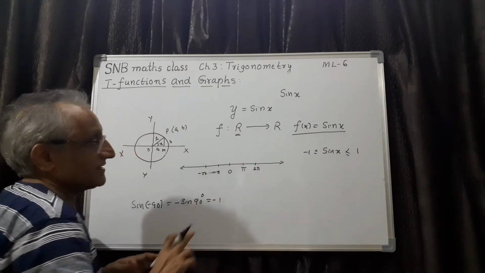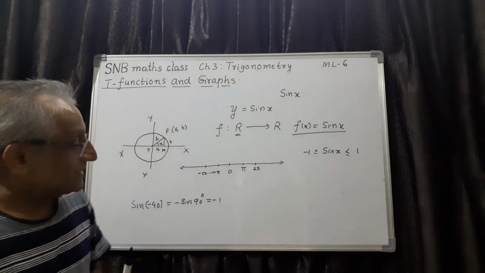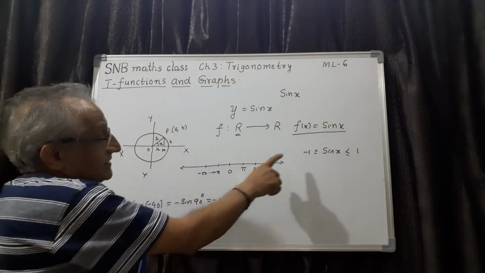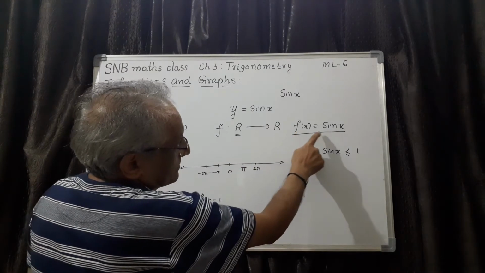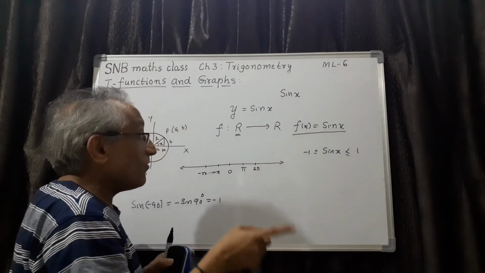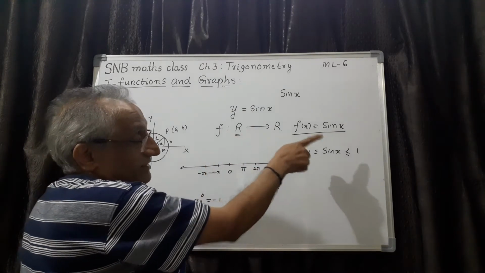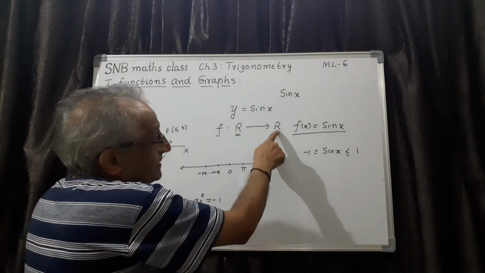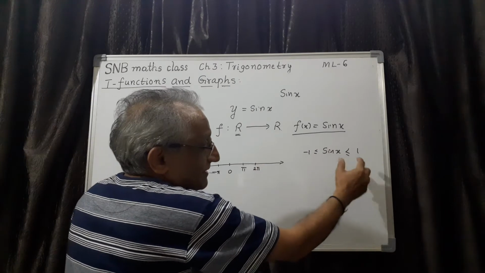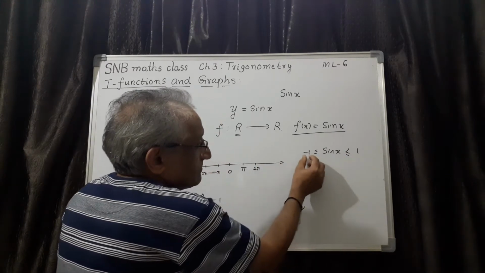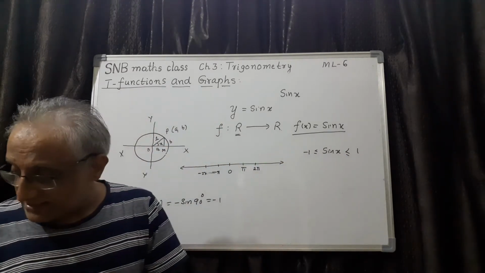This is another understanding. Therefore, we can say this function f of x equal to sin x is defined for all values here. Whatever may be the value here, it is defined. But here it won't take all the values. Maximum it takes 1, minimum it takes minus 1. And you have seen this idea also.